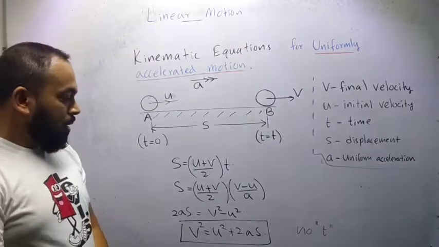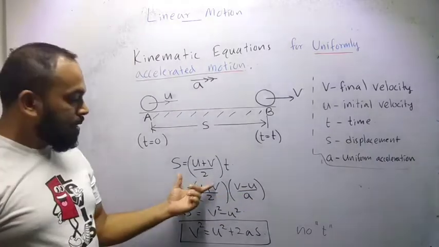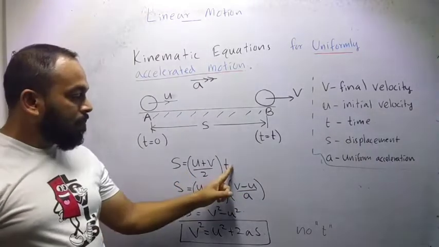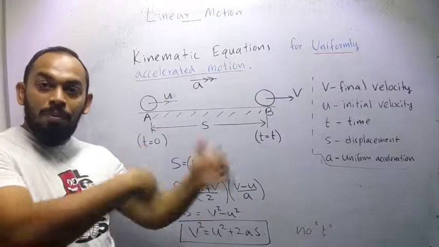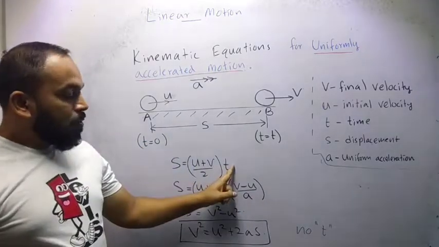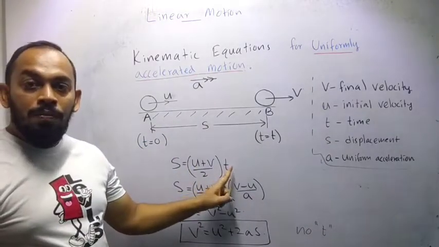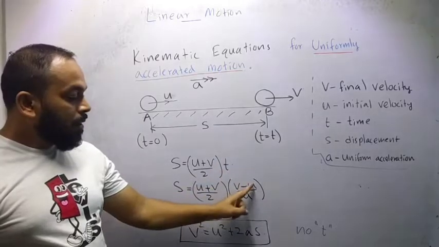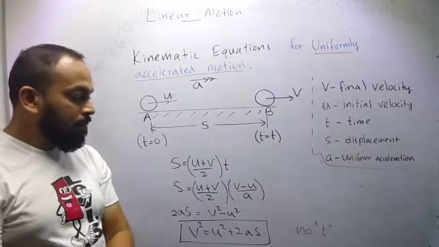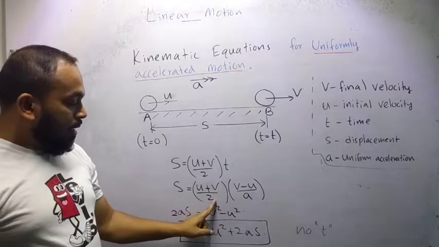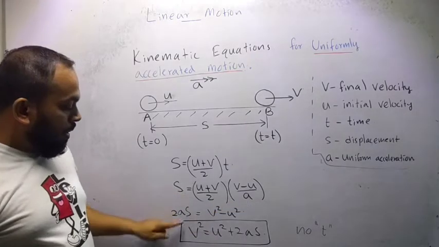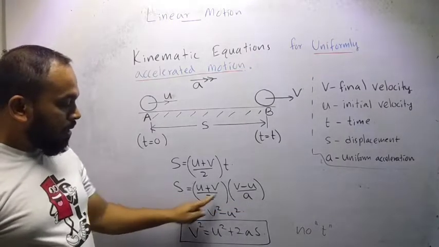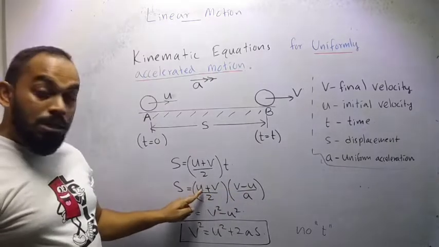Right. So what I did here is I started with the second equation, then I replaced time, t. From the first equation, when I make t the subject, I get v minus u divided by a. Then I can cross multiply, 2as. Here you can see v minus u and v plus u.